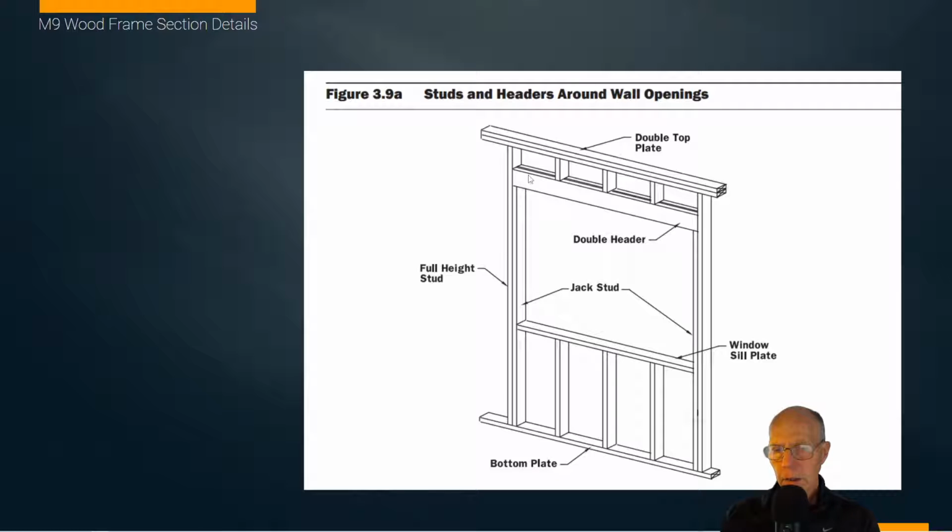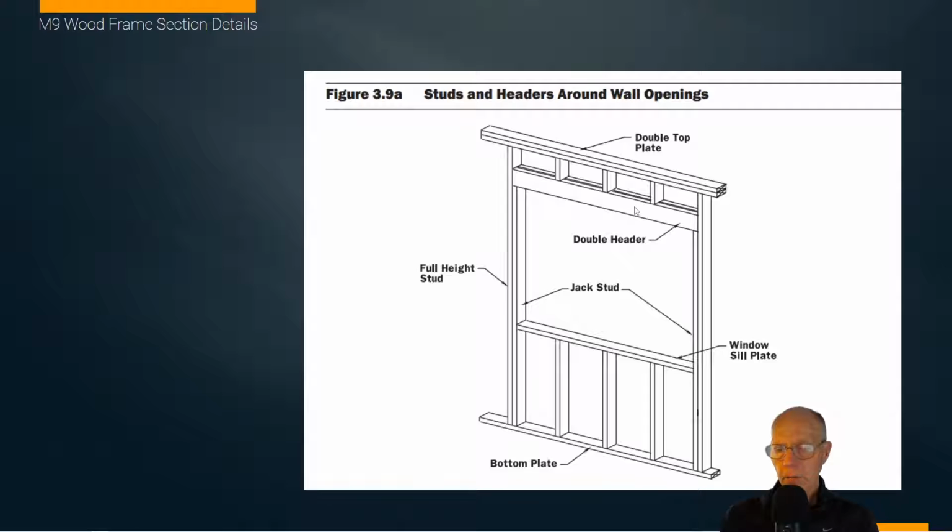The header, that beam that goes across, rests on another stud called a jack stud. The intention is that that's a way to carry the load along. A jack stud can be a single, but if there's a lot of load, there could be 2 or 3 added to each side.